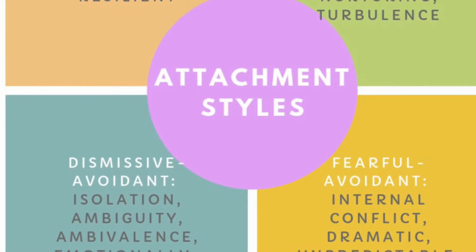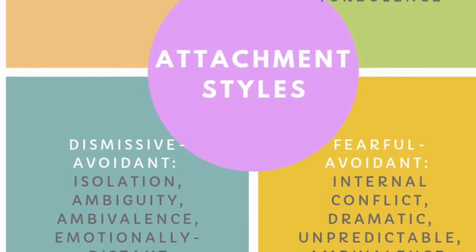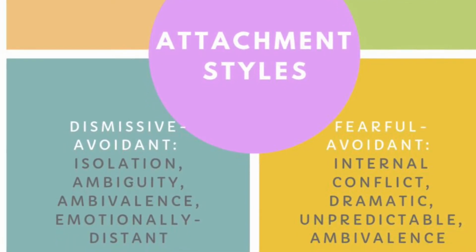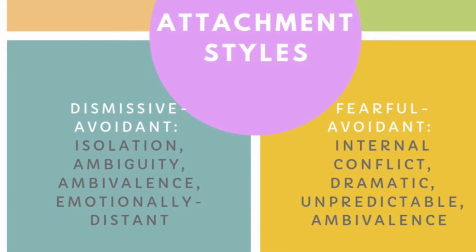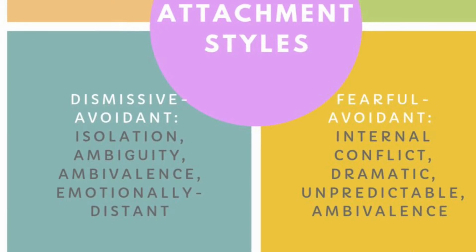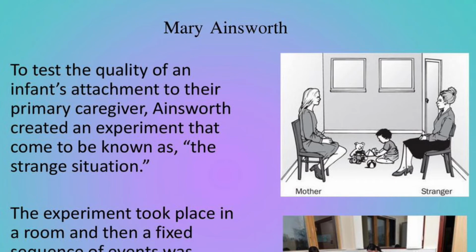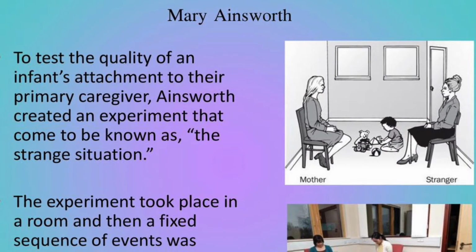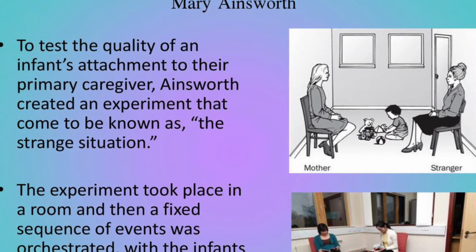Hi, I'm Sherry, and what we're going to talk about is the original method developed by the psychiatrist Mary Ainsworth, who was a colleague of John Bowlby, who came up with the attachment theory. In the strange situation, they take a mother and a child, and set up a room that has toys and other interesting things in it, and they let the mother and the child explore that room on their own.